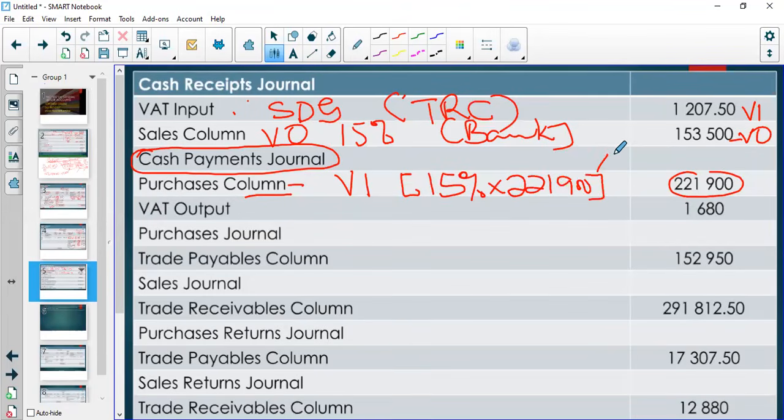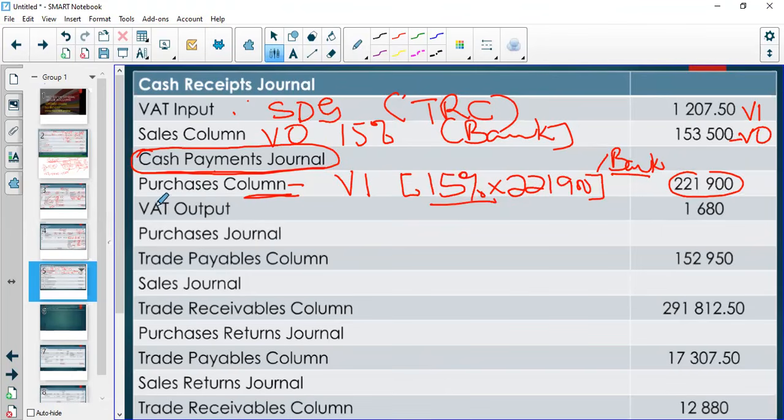And the description will be bank, right? Because it's a payment that was made under cash payments. So this is the purchases column, all right? Right. So we remember that the purchases column is exclusive of VAT. That's why we have to add VAT on top.